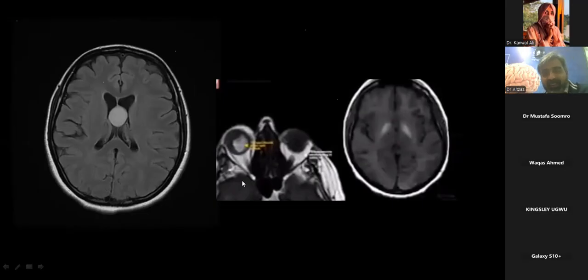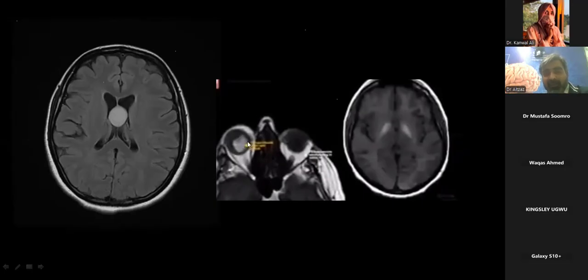In T1, lesions and normal structures will be hyperintense. This is a colloid cyst. High proteinaceous content pathologies will be hyperintense. Paramagnetic substances like melanin will be hyperintense on T1. This is not a glioma.